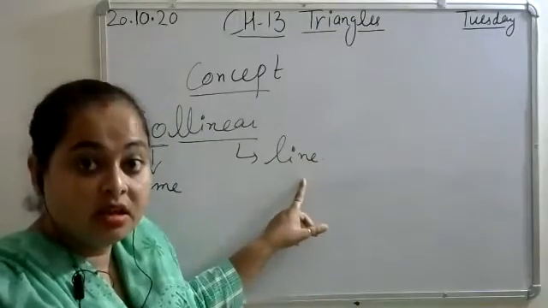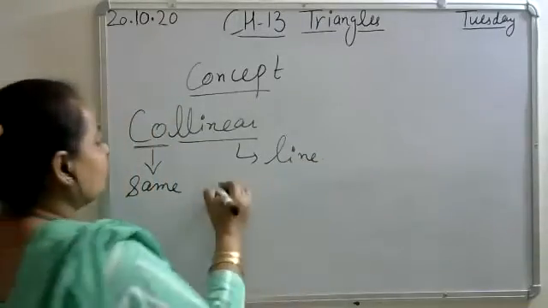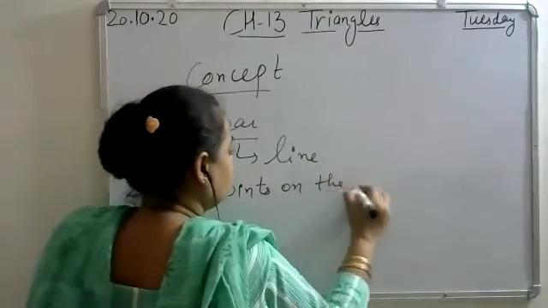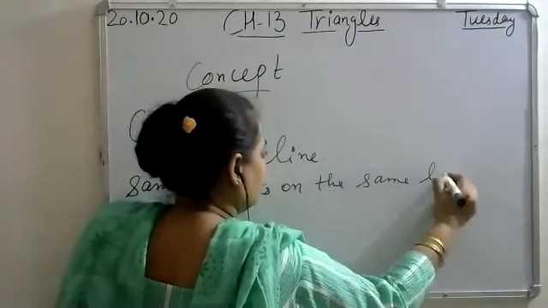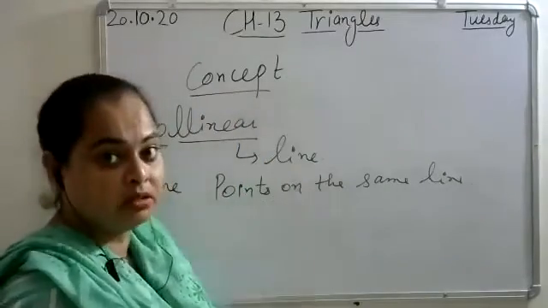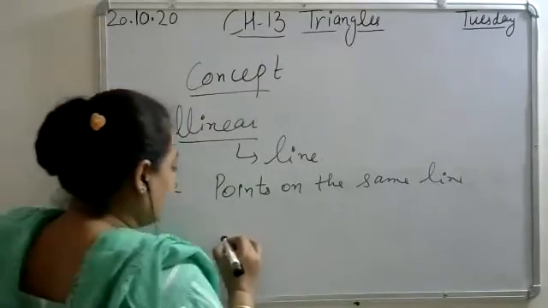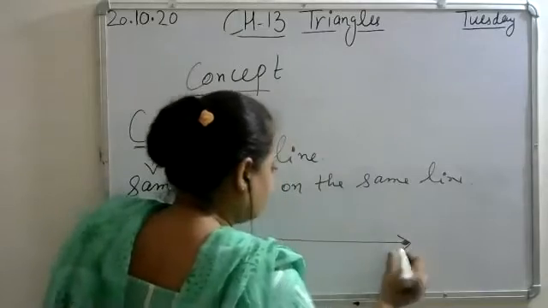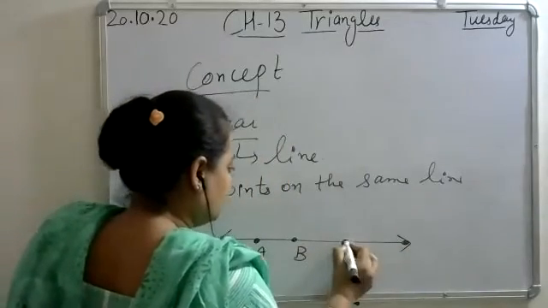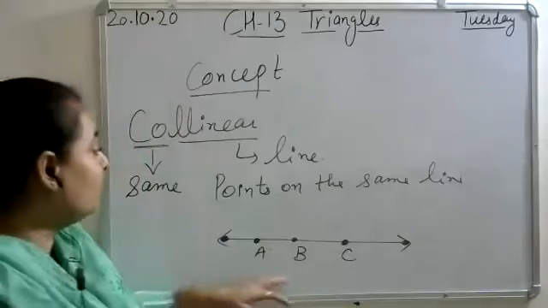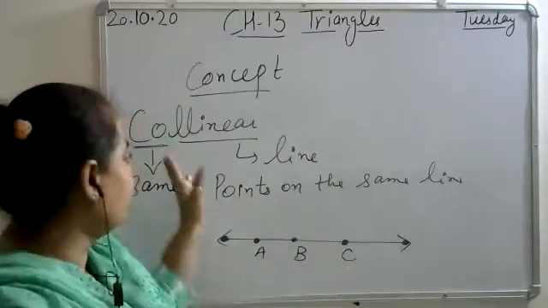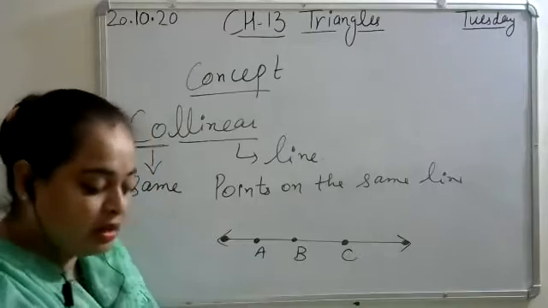Linear means line. So points on the same line. That's it. This is the concept. So if I am talking about this line, then A, B, C are collinear points, as the name indicates. So this is the meaning of collinear points.